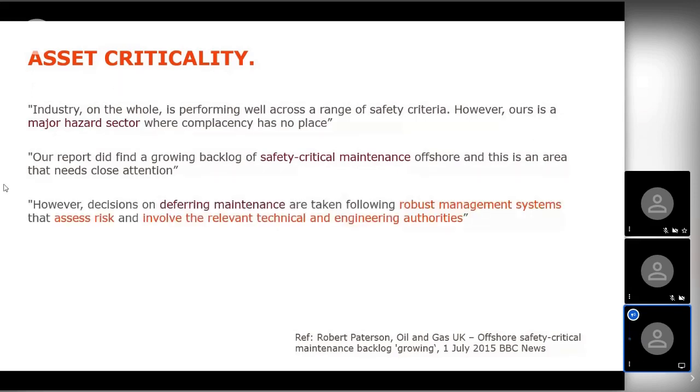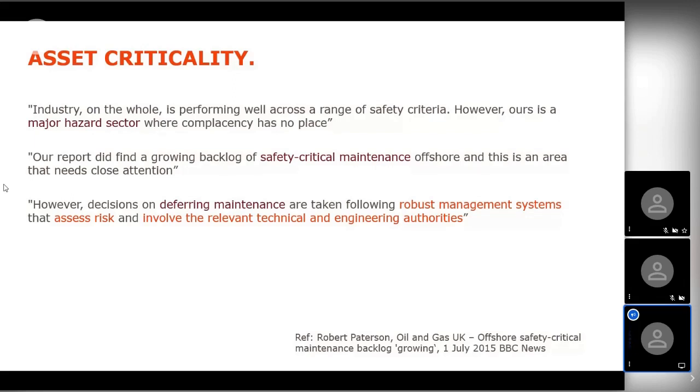But when you really look into it and break it down, we can make decisions on maintenance as long as we follow some core principles. Having a good management system, assess the risk, and make sure you involve the right people. He's mentioned technical and engineering authorities, but I will also include in that operations and maintenance personnel and manufacturers.